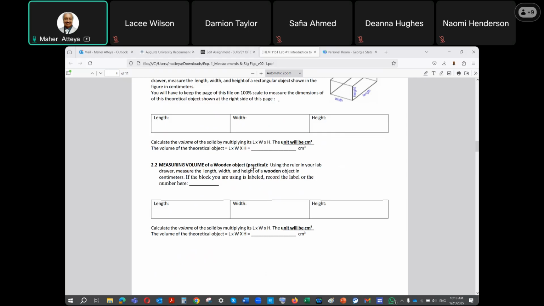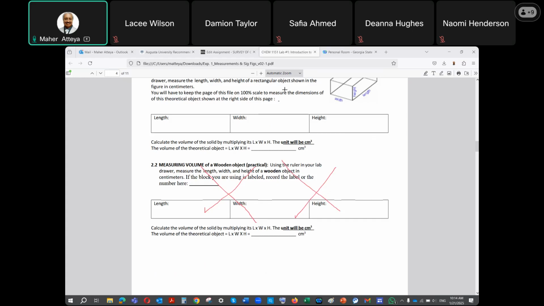Discard this part because we don't have an object to give you. That's the experiment in the lab, where you get an object to measure, but that's not the case. Don't do this. The only thing you do is the measurement with the ruler, and you have those measurements there.